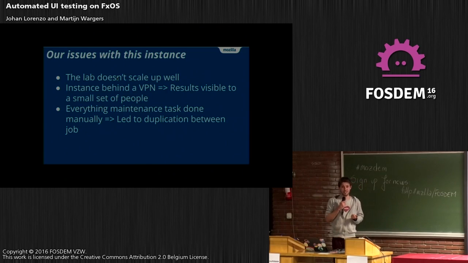For example, if I wanted to add a new type of test, I could end up modifying 10 to 15 jobs just to make exactly the same modification. There are some ways to fix that, and I know there was a session in the automation dev room that ended 20 minutes ago about how to scale up Jenkins, but that wasn't the solution we chose.